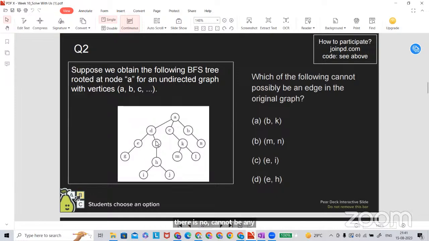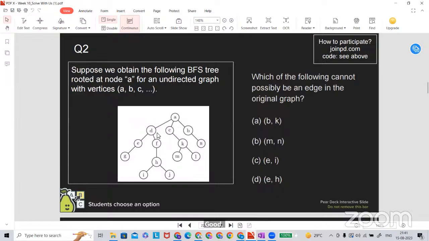E and I: the level difference. The level of E is 0, 1, 2. And D is level 1, then F is level 2, and H is level 3, and I is going to be level 4.